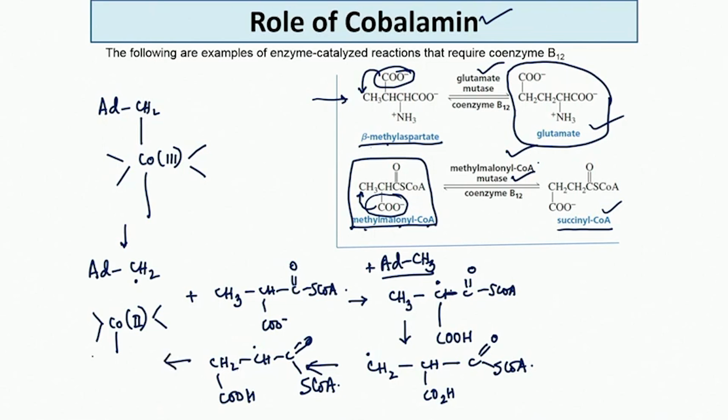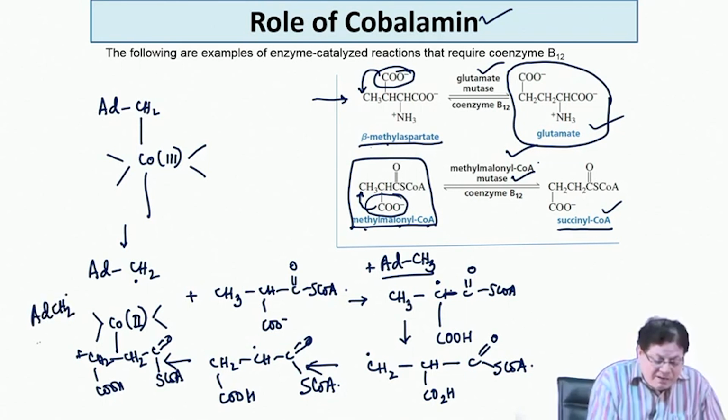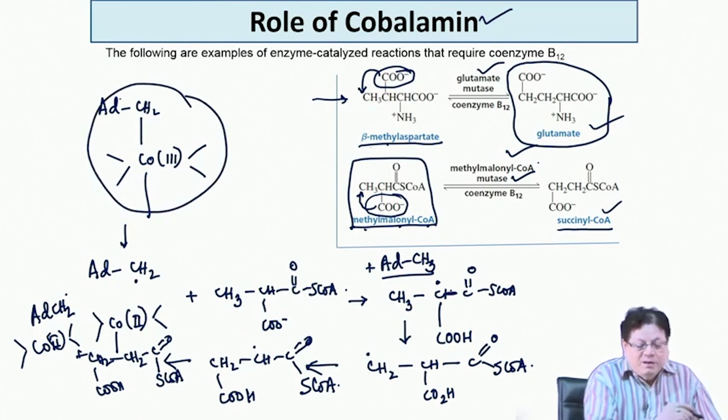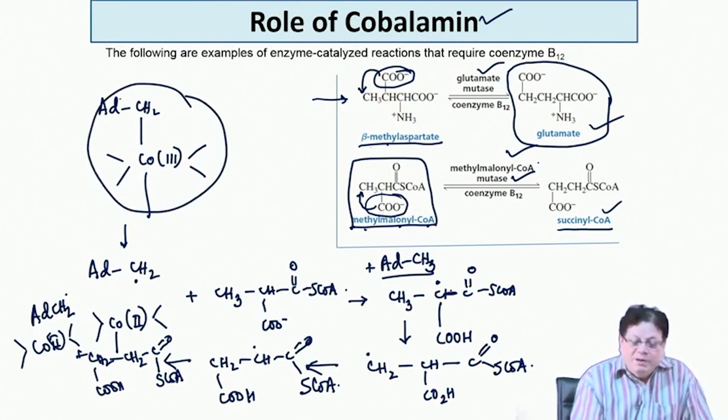So, now this will become CH2 CO2H, and that will lead to what is called succinyl coenzyme A, and the adenine becomes AdCH2 dot, and then it can add to the cobalt which was waiting to be combined again, and it forms the coenzyme form of vitamin B12.